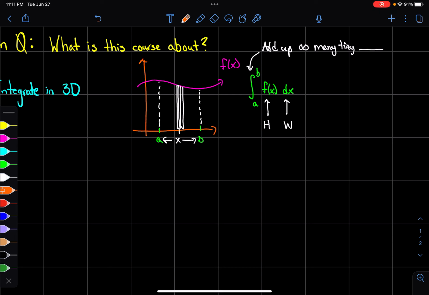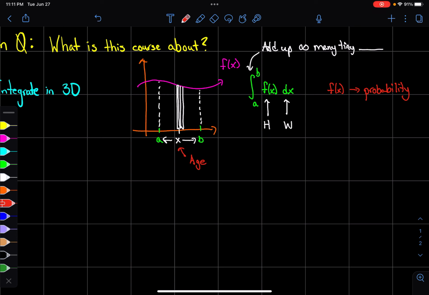But from an application standpoint, one of the applications we covered in Calculus 2 was, let's say f of x was a probability density. This is basically like the probability that something happens. If our function is the probability that some event occurs based on our input x, maybe x is your age, so maybe it's the probability that you win the lottery based on how old you are.